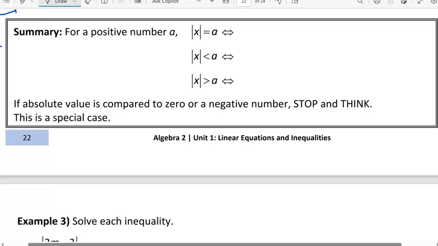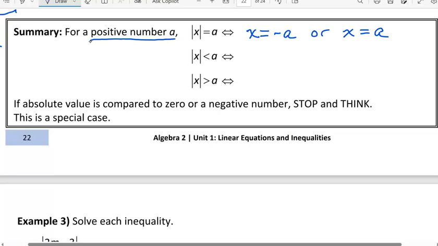To pick up where the introductory video left off, here is a summary of absolute value equations and inequalities for a positive number a. If the absolute value of x is equal to a positive number, then x is either equal to the opposite of that positive number or x is equal to that positive number.